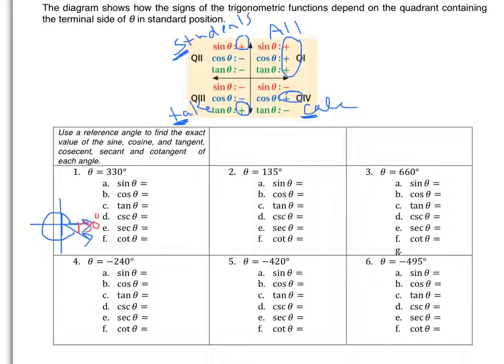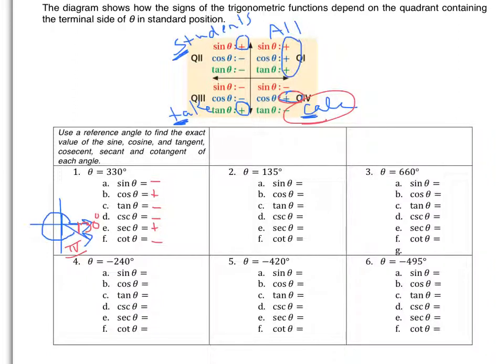And I know from my coordinate plane up here that if I'm here in quadrant 4, that is the calc piece, and I know that the cosine is positive. So I know that the cosine is positive, and that means that the secant is positive because that is its reciprocal. And then I know that the sine, the tangent, the cosecant, and the cotangent are all negative.